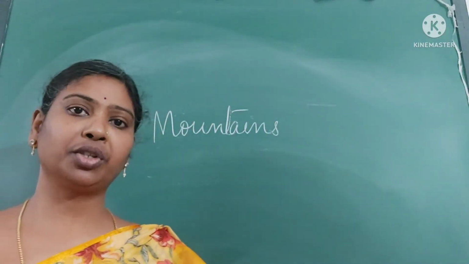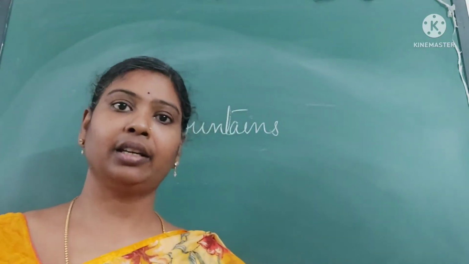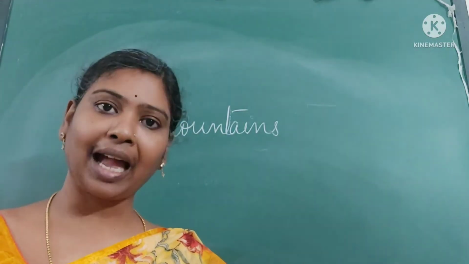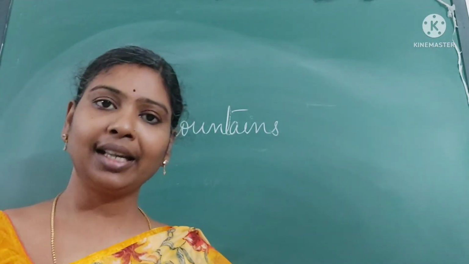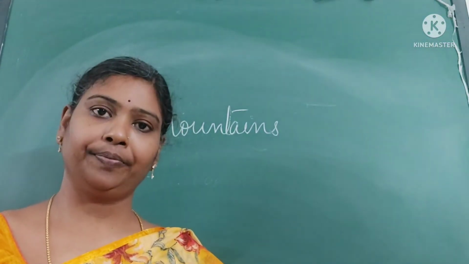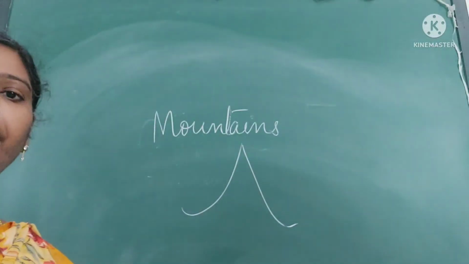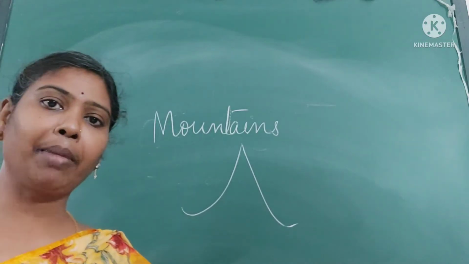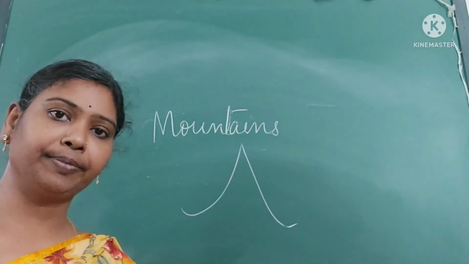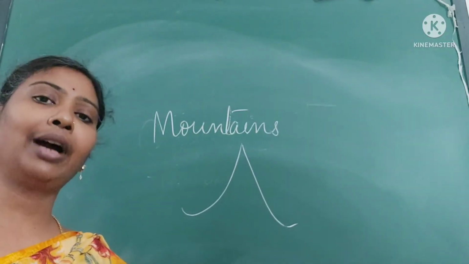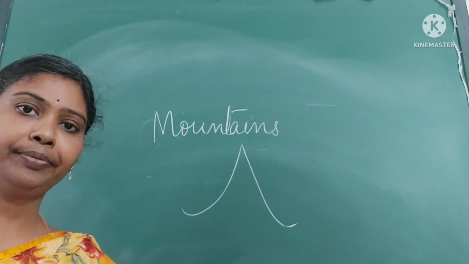Any landform which is rising abruptly over an area, but is having sharp peaks and summits, is known as a mountain. Generally, mountains are of height more than 900 meters, right?